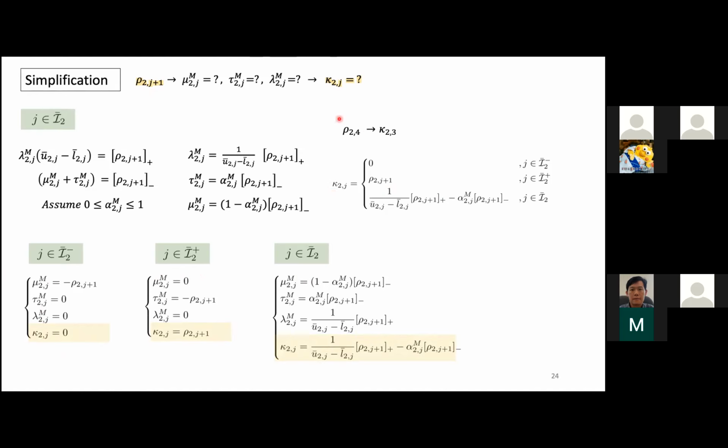Now we have a rho 24, and we want to know the kappa 23, and we can solve this form to get the kappa. And actually, the relationship between the rho and the kappa is a leaky ReLU. So we can get the kappa by applying the leaky ReLU here.